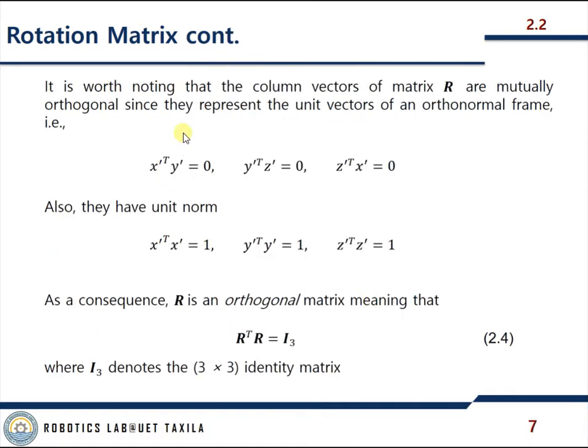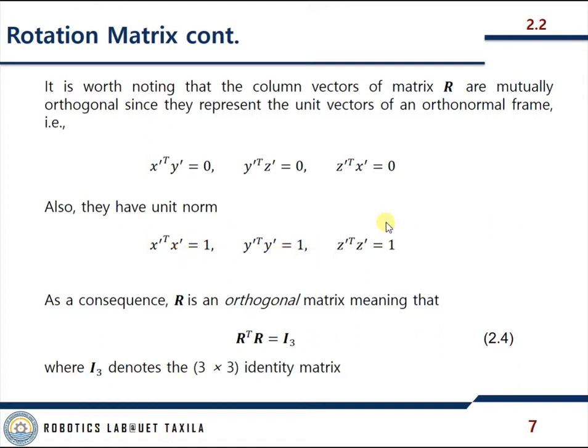Now, it is worth noting that the column vectors of matrix R are mutually orthogonal. Orthogonal means they are perpendicular to each other, since they represent the unit vectors of an orthonormal frame. If you multiply the x component and y component, you're going to get 0, and if you multiply a term with itself, you're always going to get 1.